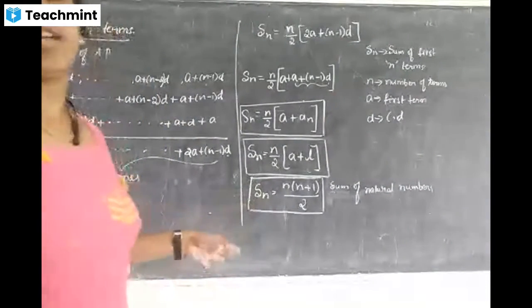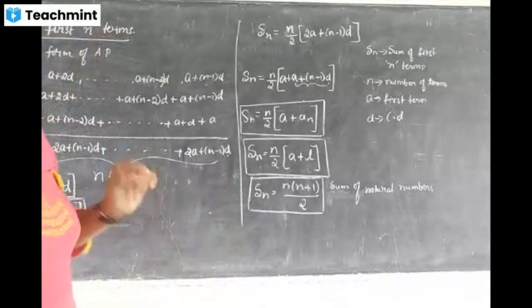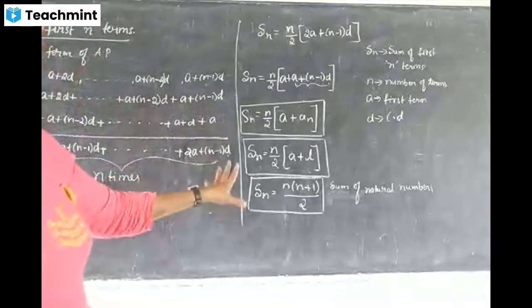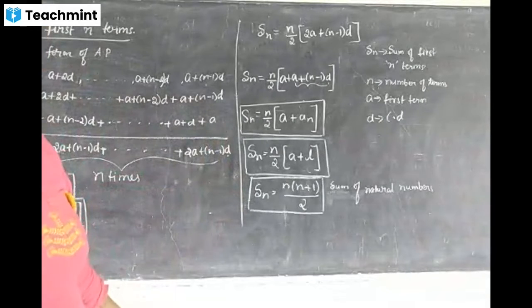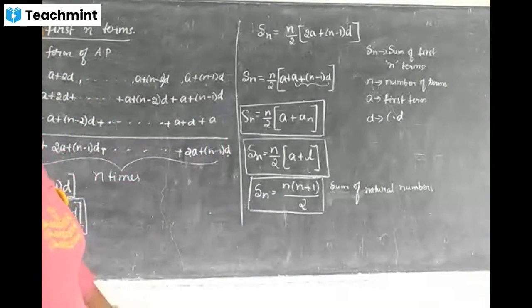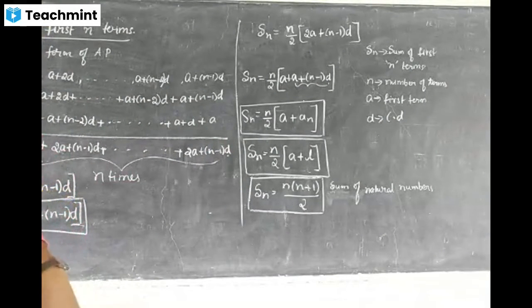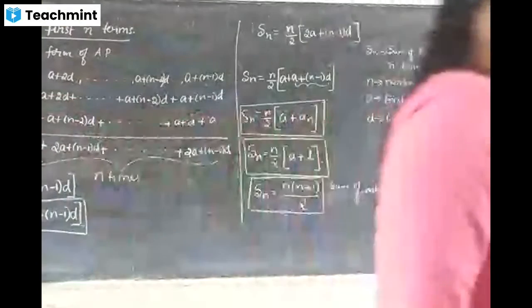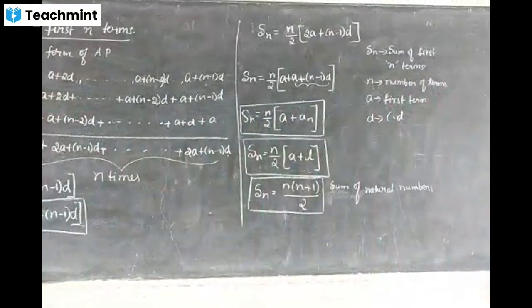So these many formulas will come in this lesson. At last one more is there, arithmetic mean, that we'll see later. Using all these formulas, we will solve the problems now. It's easy, not difficult, but understanding the meaning of the question is very important here.